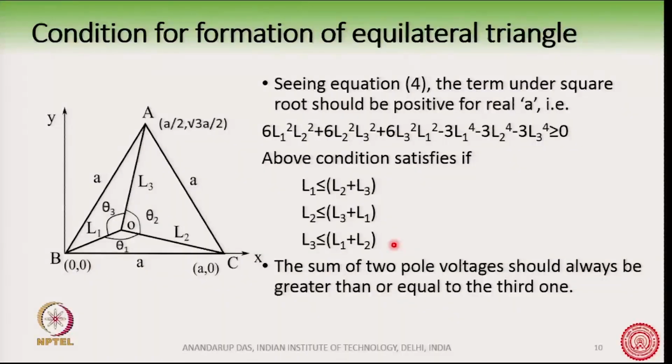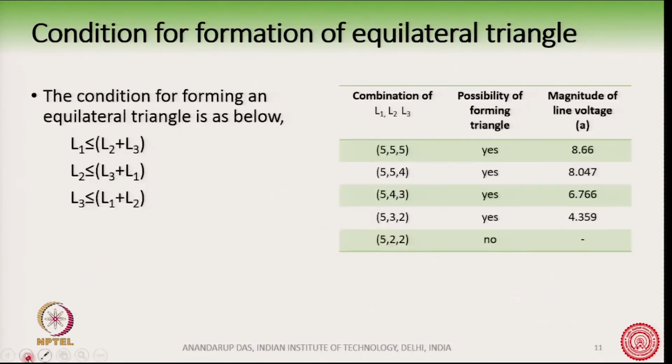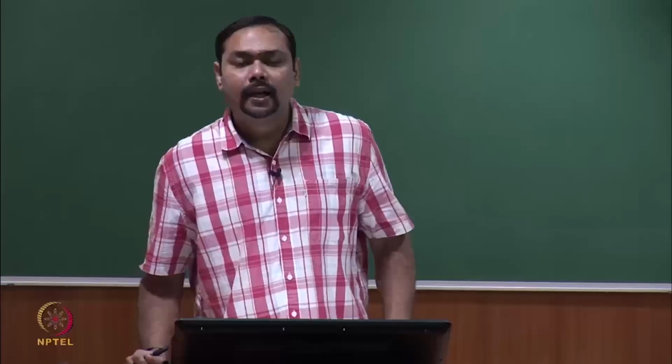Only then can the balanced line voltages be obtained, or the equilateral triangle be solved. These all come from the basic geometry of the properties of an equilateral triangle. What does this condition tell us? It tells us how many cells can be bypassed in order to produce a balanced line voltage.